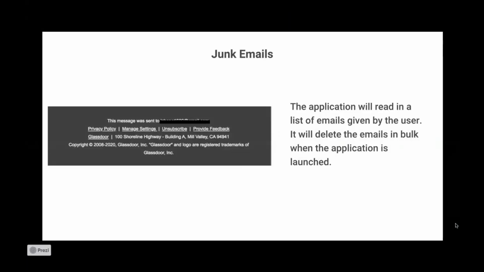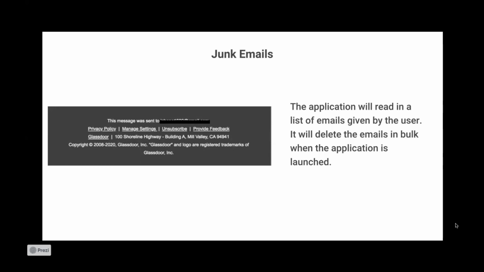And for the junk email side, one of the aspects that I was aiming for was to be able to go into a potential junk email's content and have the APIs look for the word unsubscribe, and enlarge the unsubscribe button or the unsubscribe link in the email, so that it would be easier for the user to look for it.